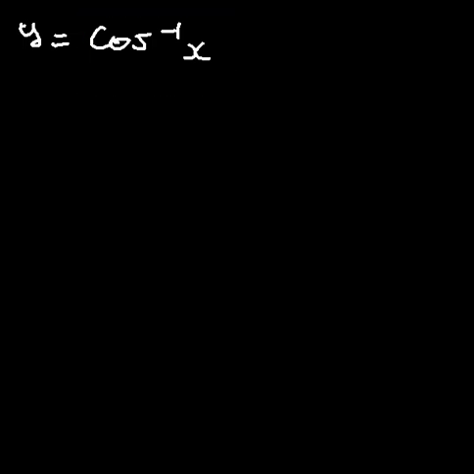In this case, we have 7 as a coefficient, so we just have to differentiate this part of the inverse trig, that is cos inverse of x.